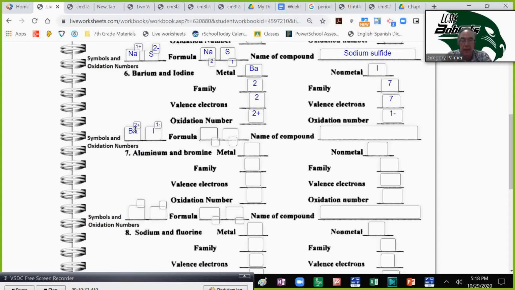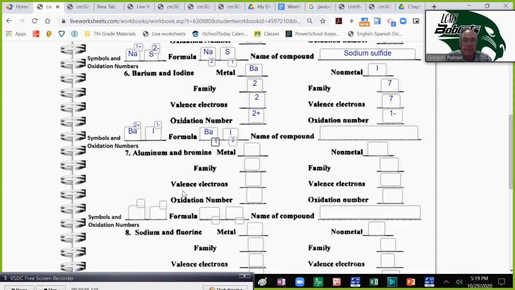To make the formula, we use the same symbols, barium and iodine. And this is where we do our crisscross. We're going to take this 2, and we're going to stick it over here. We're going to take this 1, and we're going to put it right there. So the 2 goes down over here, and the 1 goes down over here.